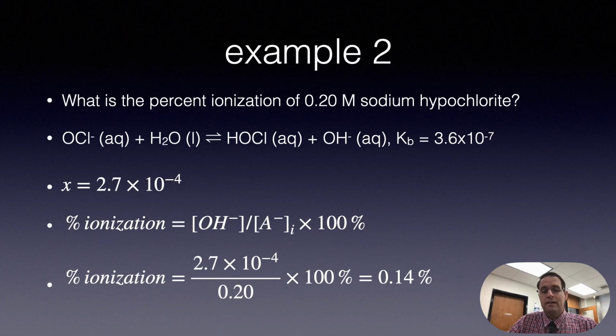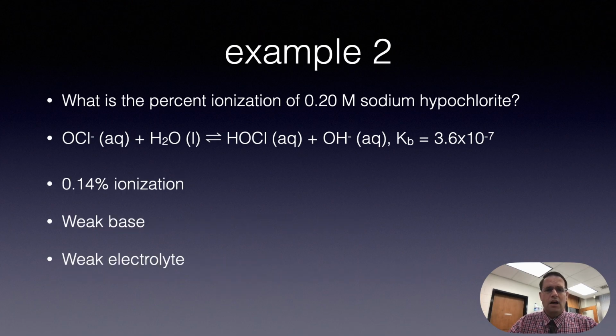So the percent ionization is going to be 2.7 times 10 to the minus 4 divided by the original 0.2, and then you multiply it by 100 just to move the decimal place over 2 places, and the units basically are percent. So it's 0.14% ionization, okay? All right, so that classifies this substance as a very weak base and also a weak electrolyte, okay?